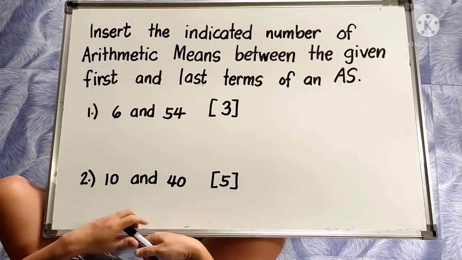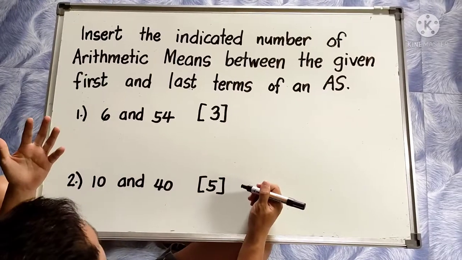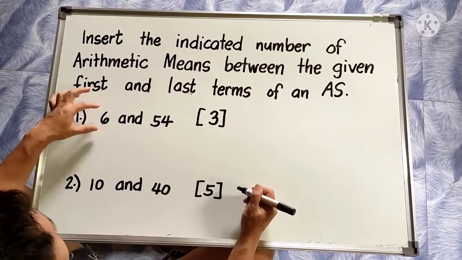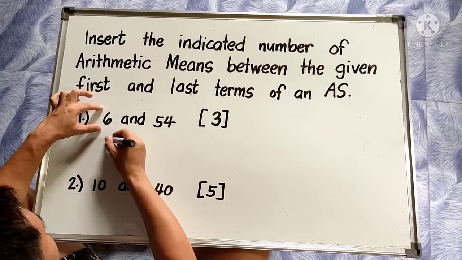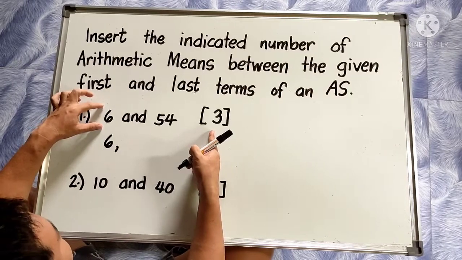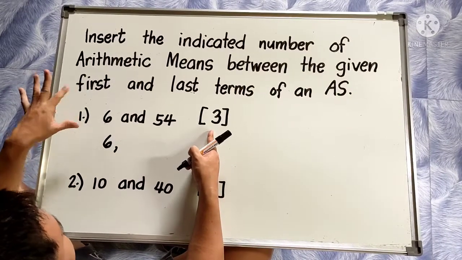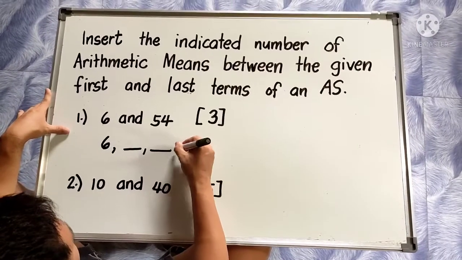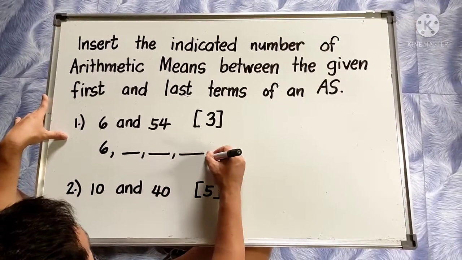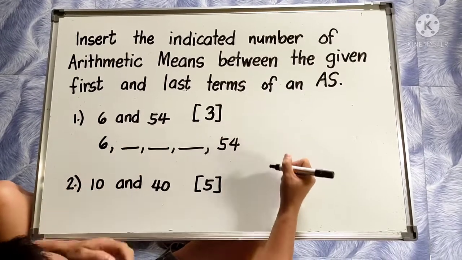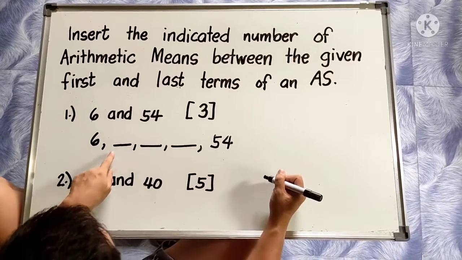To visualize and facilitate the process, you start with the first term, make blanks for the 3 arithmetic means that we need to insert, so 1, 2, 3. Then you copy 54.